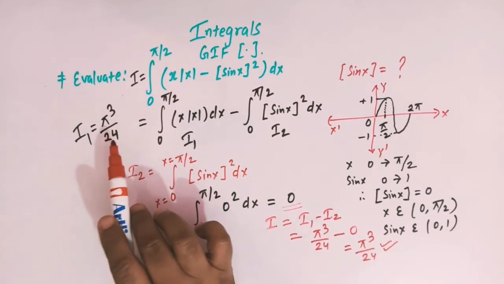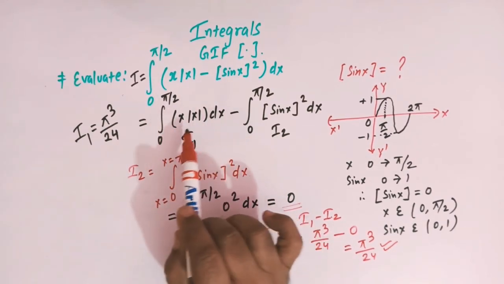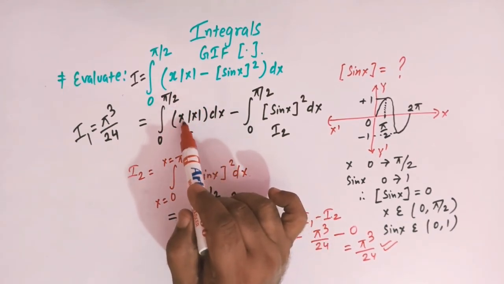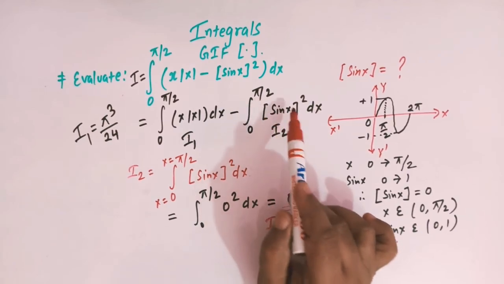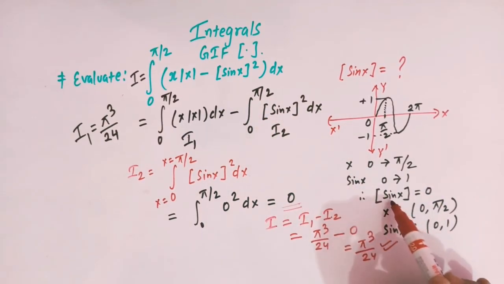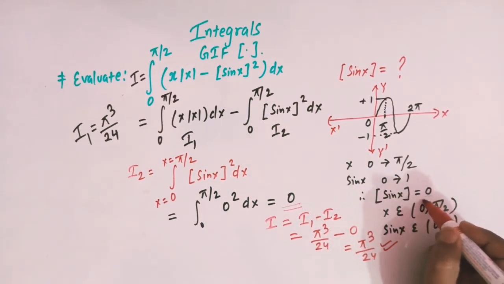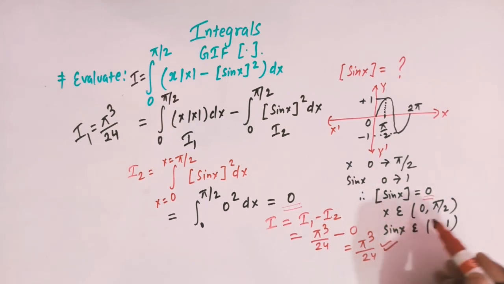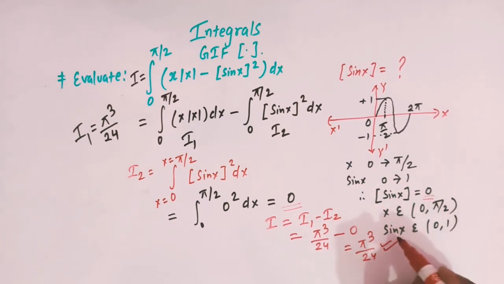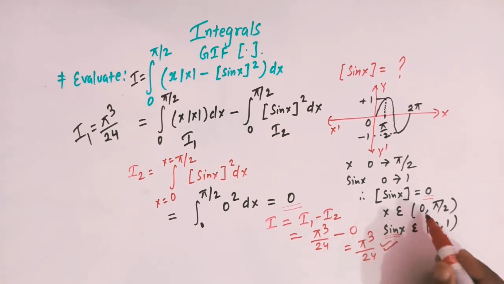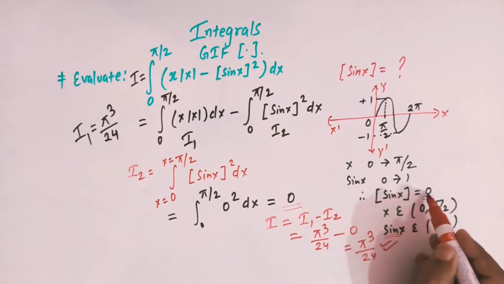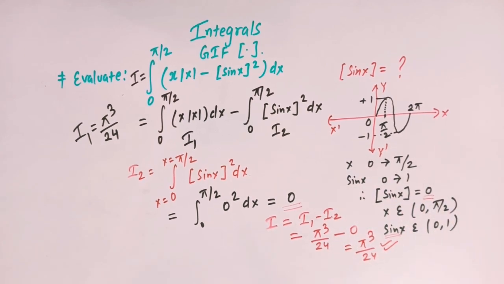So here the important thing is to assign the value of mod x and the value of greatest integer of sin x, which is equal to 0 whenever x belongs to 0 to pi by 2, because the value of sin x lies between 0 and 1, right? And the greatest integer of sin x is obviously 0, right? So this is how we solve this type of problems.